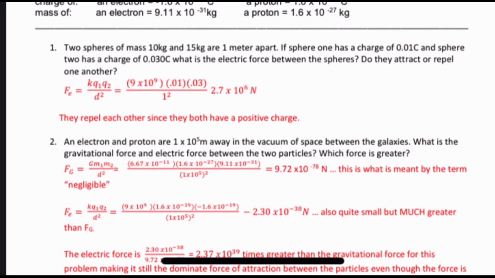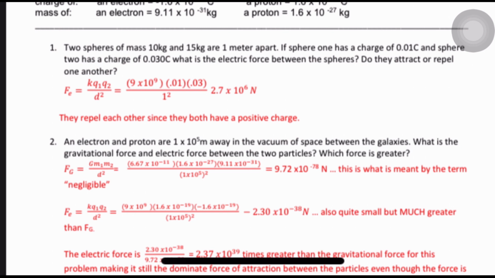Also quite small, but much greater than the force of gravity. Obviously you can see the negative on the electrostatic force, and that means it's going to be attractive. So both of them are actually attractive, because gravitational force can only be attractive, and this is attractive because of the negative. And I guess you divide them, because electric force is always going to be greater.